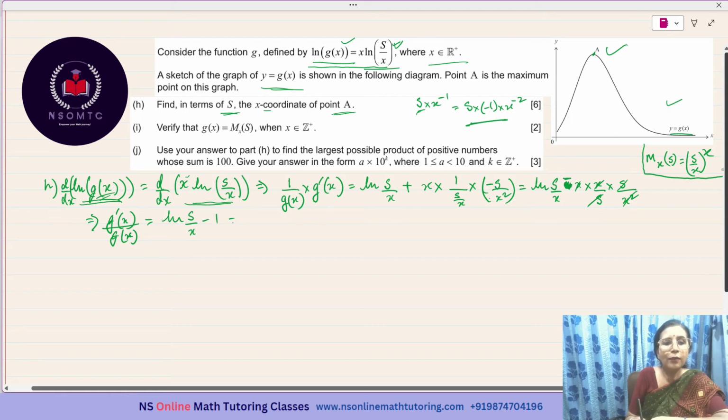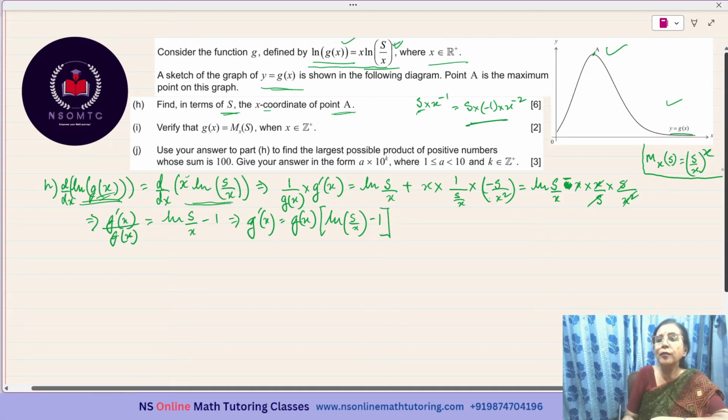Therefore, g dash of x is equal to g of x times ln of s over x minus 1.